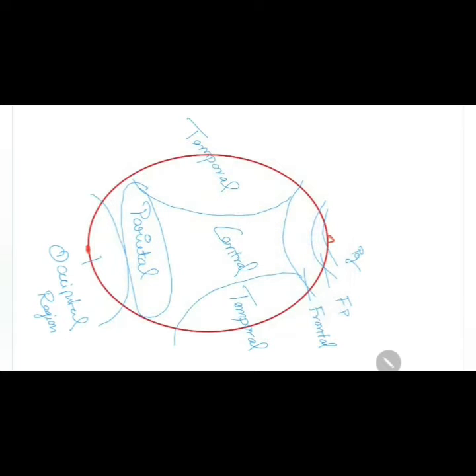If you see, all these regions have specific functions. The frontal region is responsible for thinking, the temporal region is for hearing, the occipital region is for seeing, vision. Then the central region is for motor cortex.